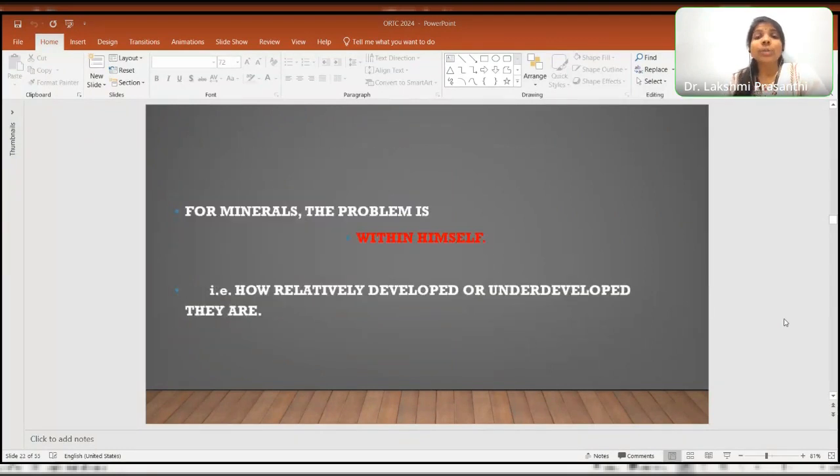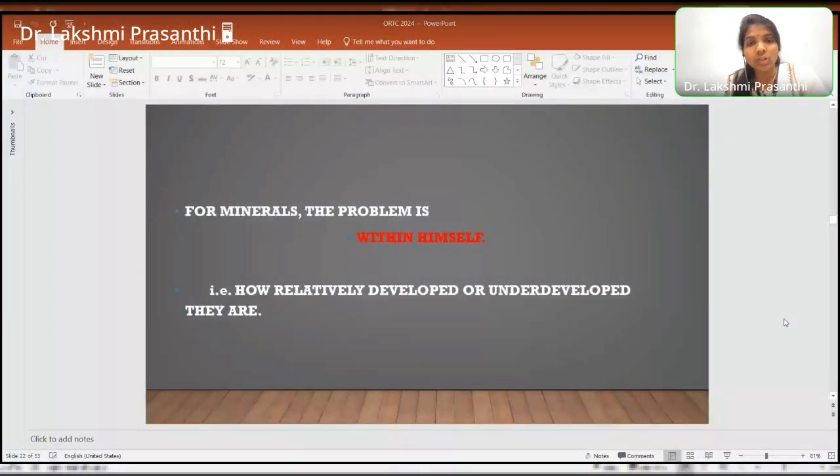So the main problem or focus of mineral kingdom patients is within himself. Am I completely developed or am I not completely developed? Am I lacking something in myself, or am I losing something? I had a structure and now I'm losing it. I had a position and now I'm losing it. So the talk completely revolves around the structure itself and being stable.